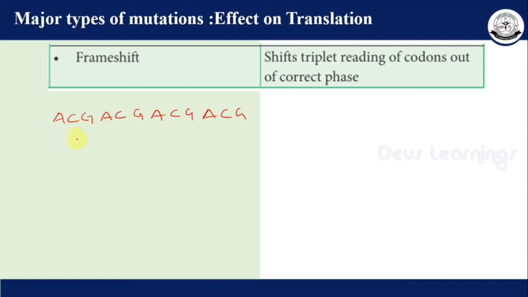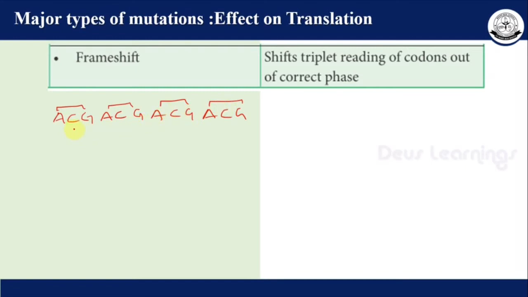If we add or remove one nucleotide, for example, here everything is ACG, ACG, ACG and ACG, right? If you add or remove a nucleotide, the whole story changes.